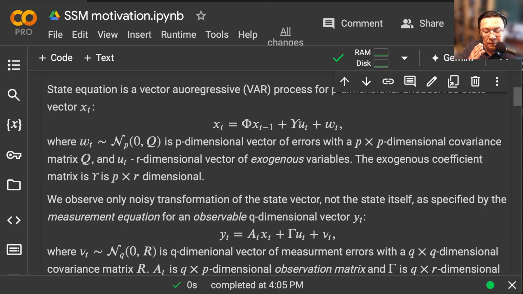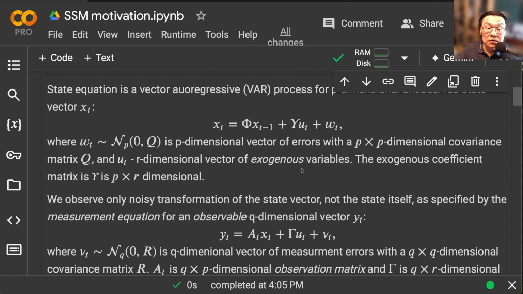Think of r number of variables which are impacting our endogenous variable xt, then this matrix is going to be p by r. Okay, and then the errors, in the simplest case, are normal, not standard, but normal errors with mean 0 and variance Q. The Q is the variance-covariance matrix of the errors.